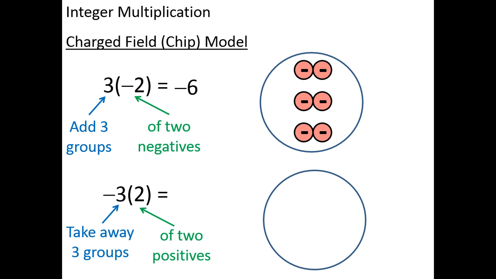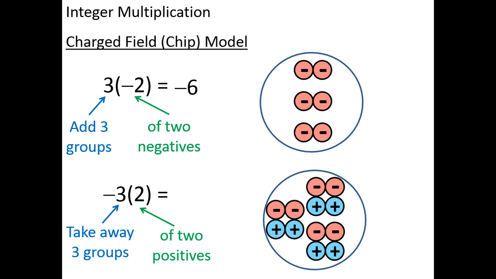So we can use that idea of the plus minus pairs again. We can put in enough plus minus pairs so that we can take away 3 groups of 2 positive charges. So we can take away 1, 2, 3 groups of 2 positive charges, and that leaves us with 6 negative charges, or negative 6.